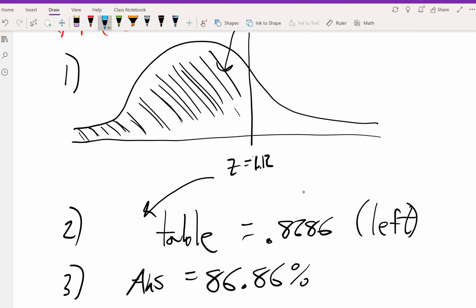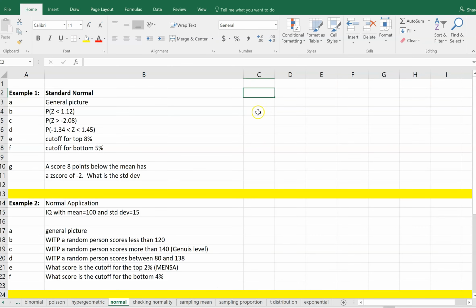Again, the table gives me the probability or the area to the left of the bar you put down on your normal picture. So this blue region and the shaded region I want match, and so that's why this is the answer. This is roughly 86% of the picture. And so my answer by the table will be 86.86%. Done. We move on.